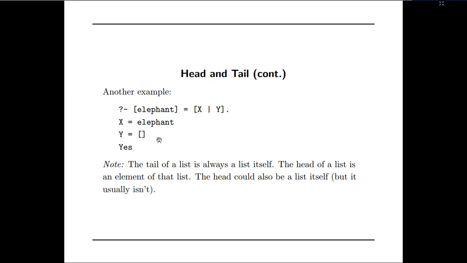If the rest of the list is empty after assigning the first element, then the tail will show the empty list. So the tail of a list is always a list itself. The head of the list is an element of that list. The head could also be a list itself, but it is usually not.